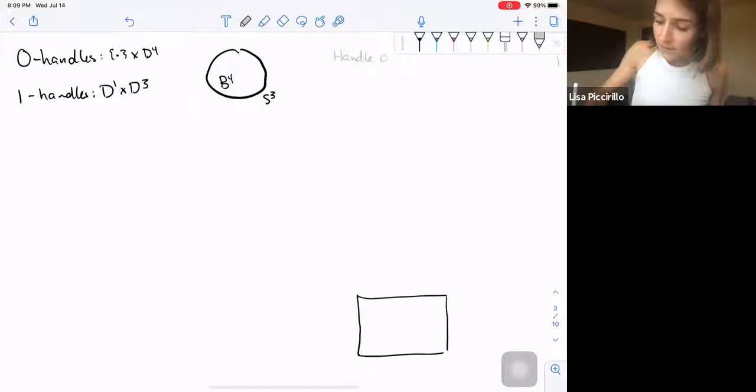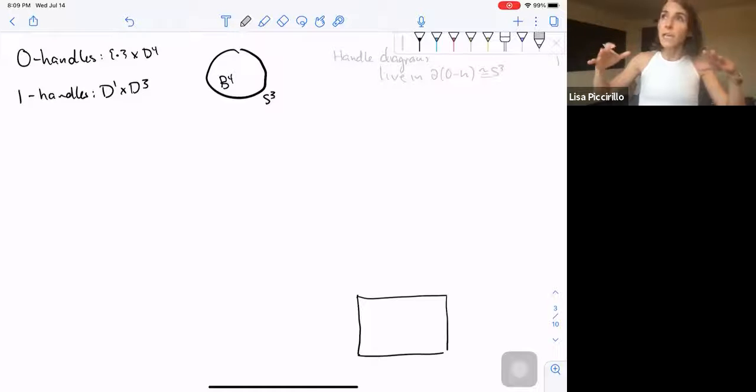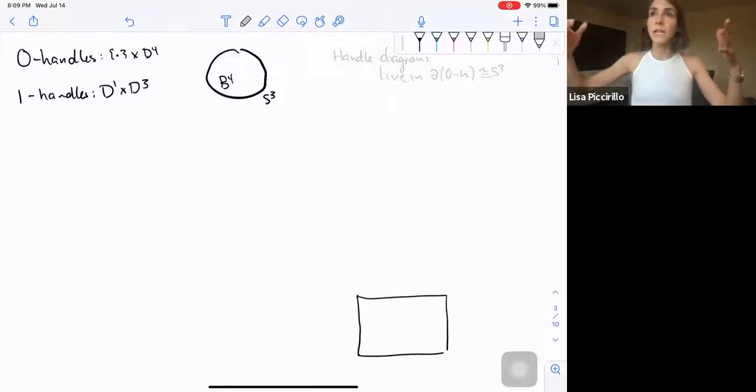We think about handle diagrams as living in the boundary of our zero handle, aka S3. So when, for the rest of the talk, I draw, well, in general, when we want to think about an index something handle, we can't draw an entire picture of that.